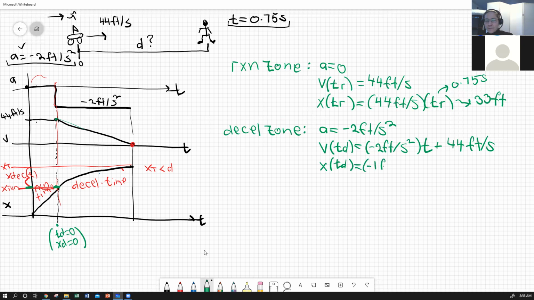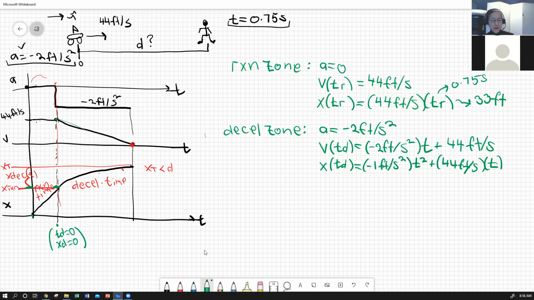So I'm going to integrate again. If I were indexing all the way back from the start where the driver first saw the person, I would add this 33 feet in, but I'm breaking the problem up into zones and then I'm going to add the distance.